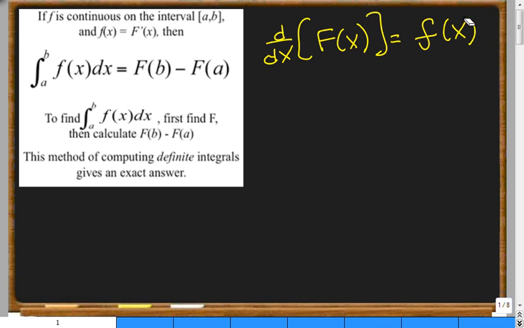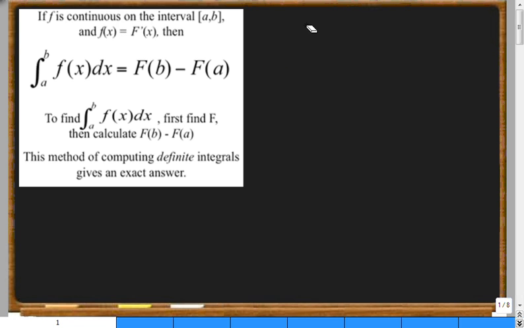So capital F is kind of a step up the line.